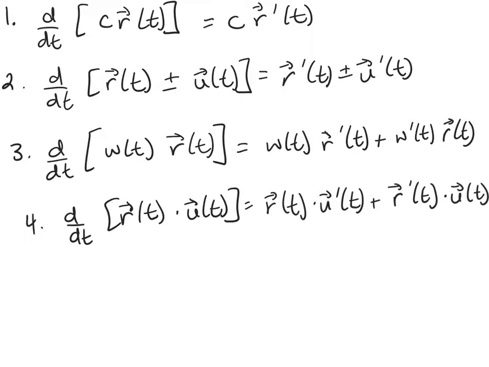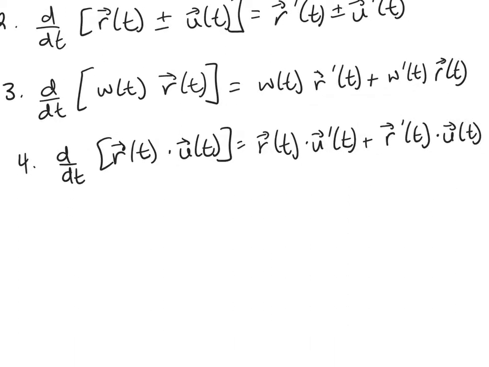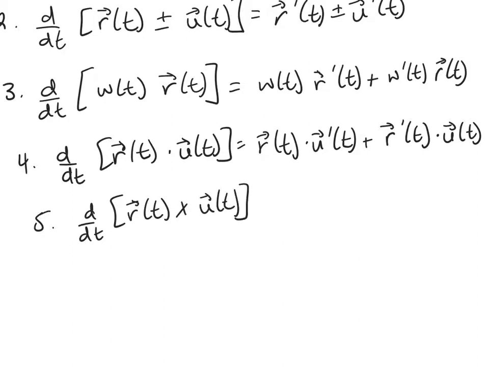We also have the cross product. Number 5, the derivative of r cross u. It's kind of a product rule there too. It's r cross u prime plus r prime crossed with u.